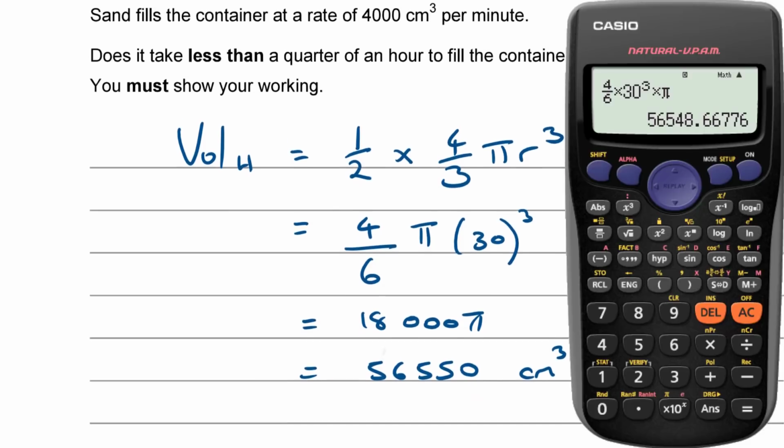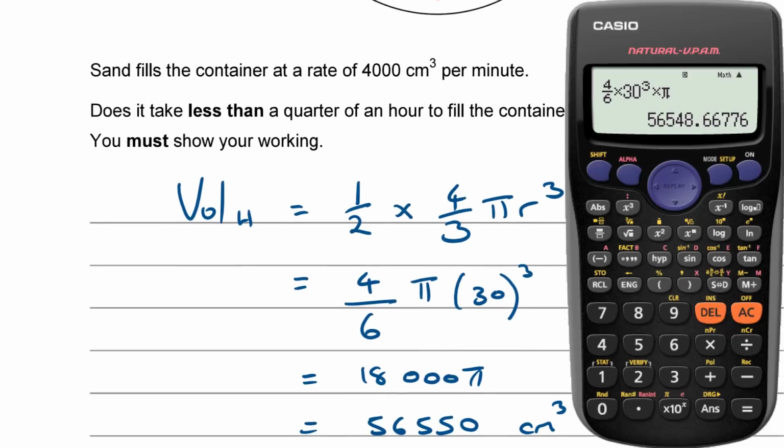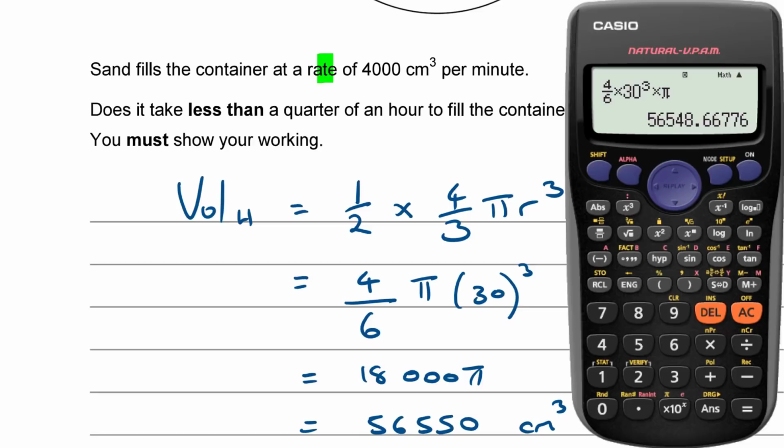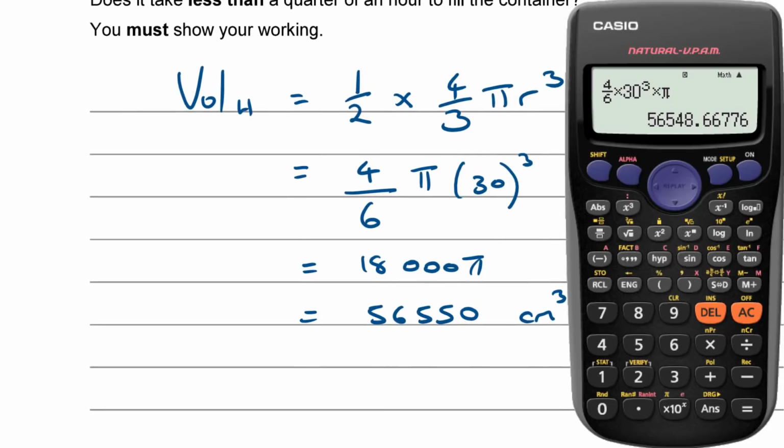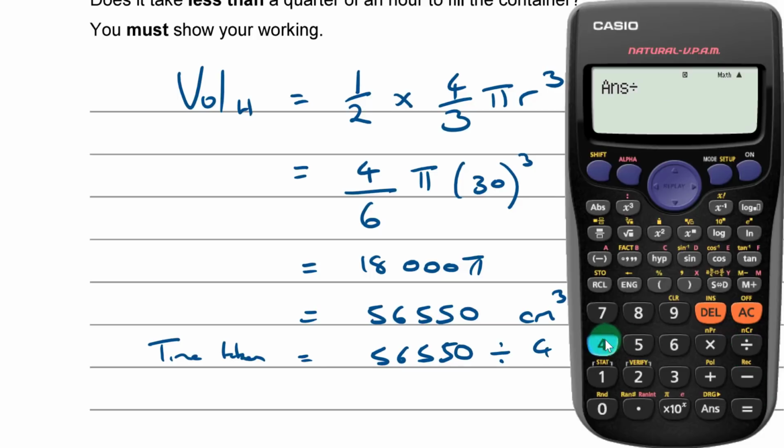Okay, now we're told that it fills at the rate of 4,000 cubic centimeters per minute. So if I divide that number by 4,000, it should tell me the number of minutes it takes to fill. So time taken is going to be volume divided by 4,000.